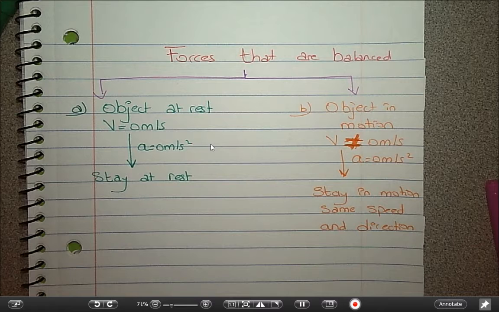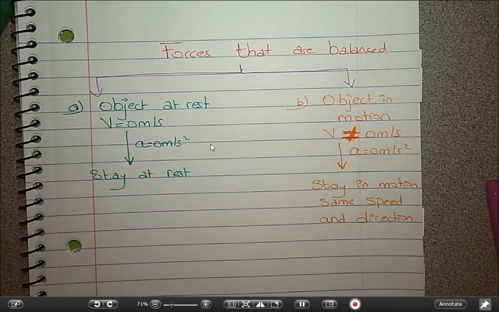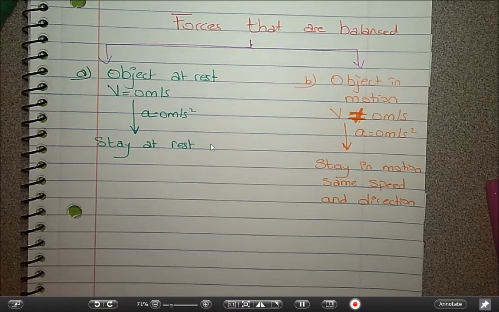Okay, so let's say an object is moving 5 meters per second east, then this is Newton's first law.